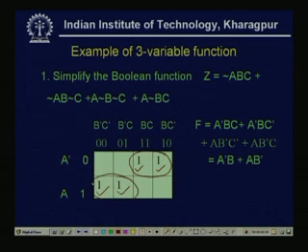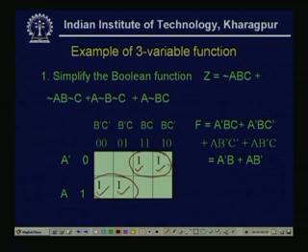Now, let us see how the first couple reduces. For the first couple, the row represents the literal a complement, meaning a bar, and the 2 columns are b c and b c bar. See, c and c bar, both complemented and uncomplemented, exist, but b is fixed. So, the term will be a bar b.